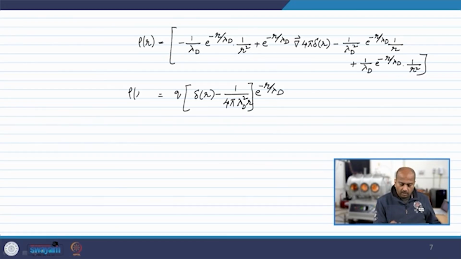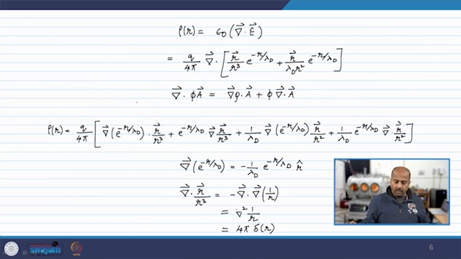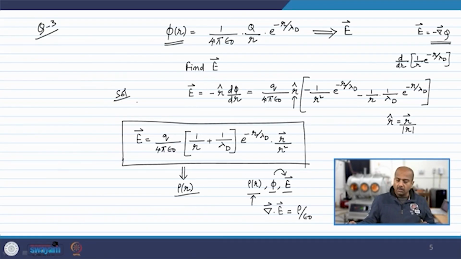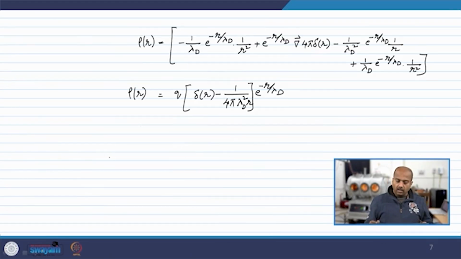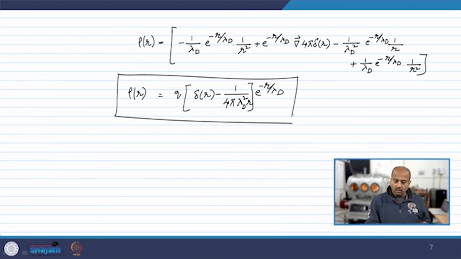This is the charge density, right. So, what we have done is, given the device potential, we are able to find out the electric field and the charge density, which is actually responsible for the shielding effect, right.